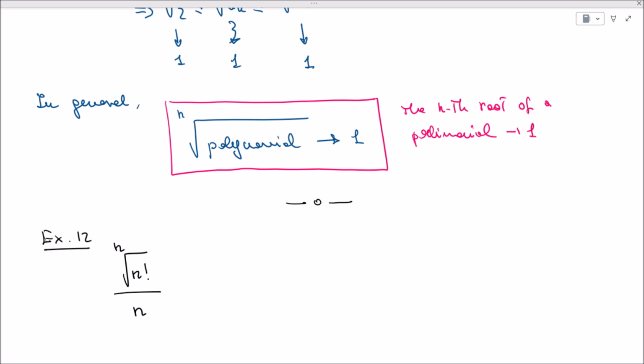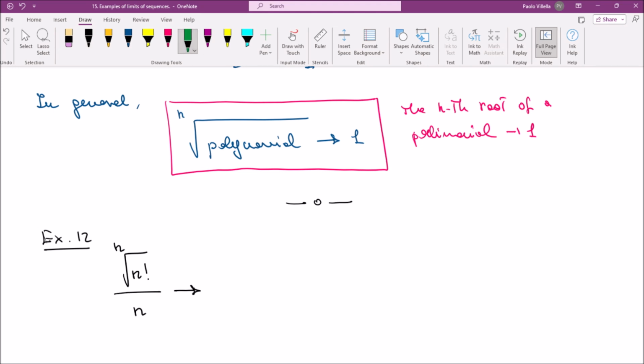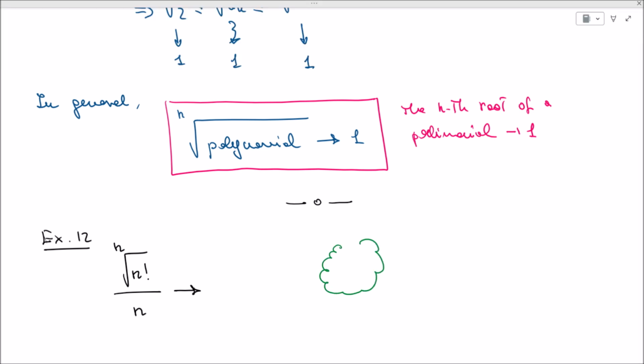And we want to see what will be the limit of this. Now, if we try to apply a brutal approach to this, we immediately realize that this is going to be a fraction that has infinity on the top and infinity at the denominator.